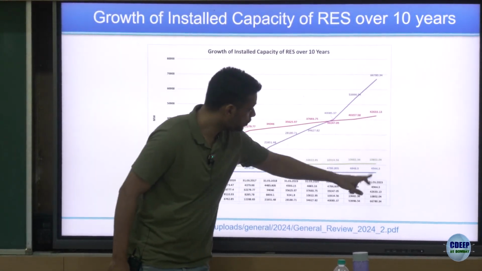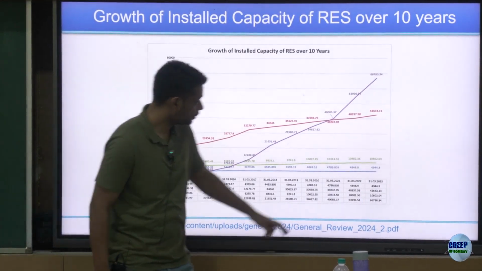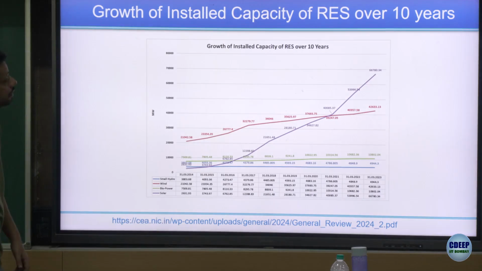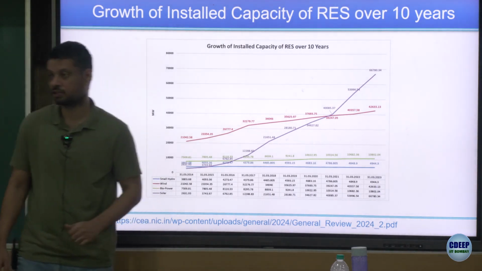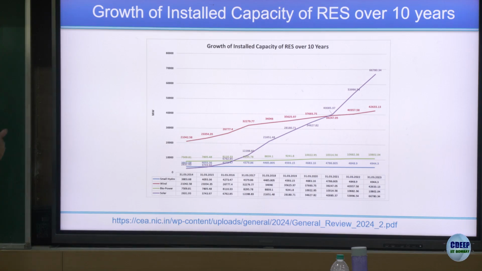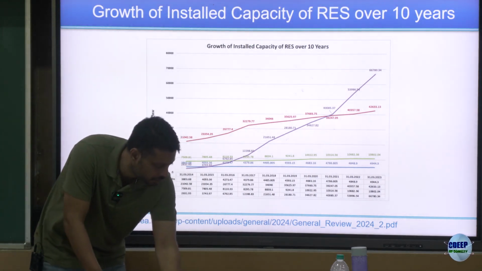This goes up to 2023 and says about 66 megawatt, but I have to check, because the previous chart showed 100 megawatt. I have to cross-check this data against the previous value, but it's a substantial growth.